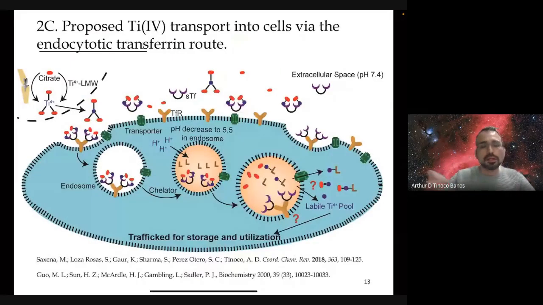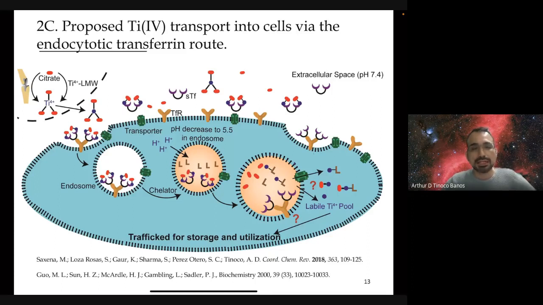All right, so at the end of our previous lecture, we were talking about the ability of transferrin, serum transferrin, to bind titanium and potentially deliver it into the cellular environment. And so what I was emphasizing here was basically an overview of what is believed to be the process by which titanium can enter through this endocytotic process.